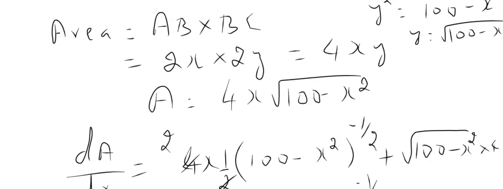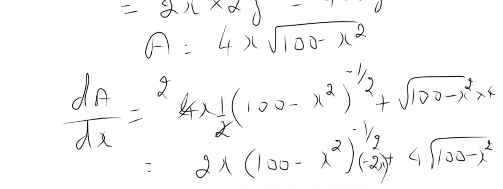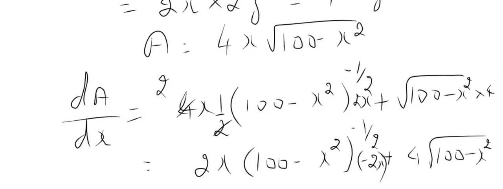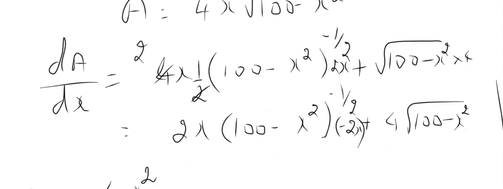Apply the product rule. dA by dx is equal to 4x into half. You can apply the product rule, uv dash plus vu dash. That is 4x into half, 100 minus x squared to the power of minus half into 2x plus root of 100 minus x squared into 4, which is nothing but 2x.